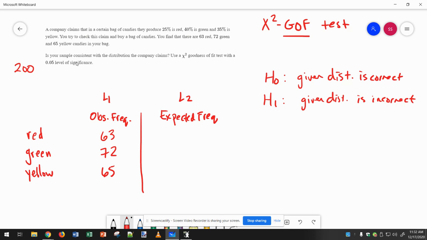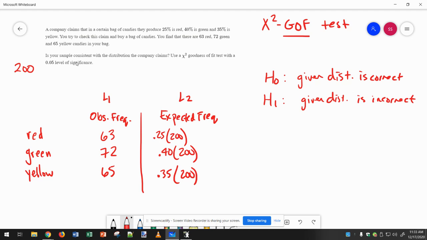But our expected frequencies we have to calculate. 25% of 200, we actually have to calculate that and put that number in our table, or you can type in the calculation. So for green, we want 40% of 200. For yellow, we want 35% of 200.